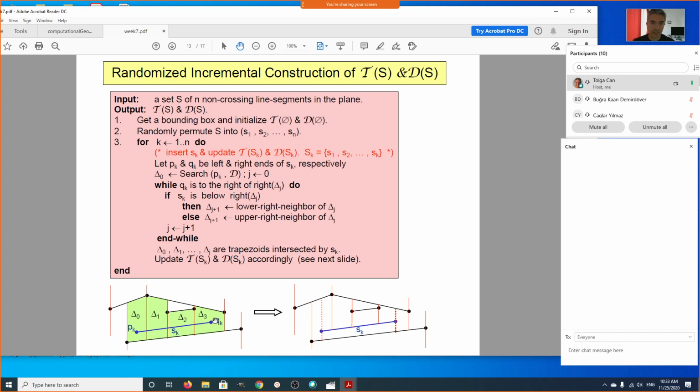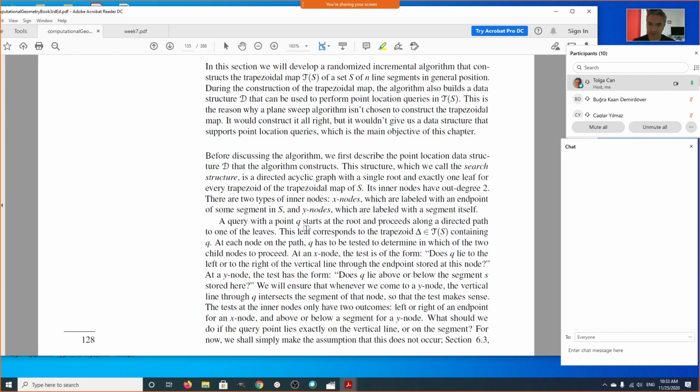So our goal is to find all the trapezoids that this line segment intersects. And for that, in the book, there is a separate function. Actually, it's embedded here. This while loop that you see here is written as follow segment, a separate procedure given for this.